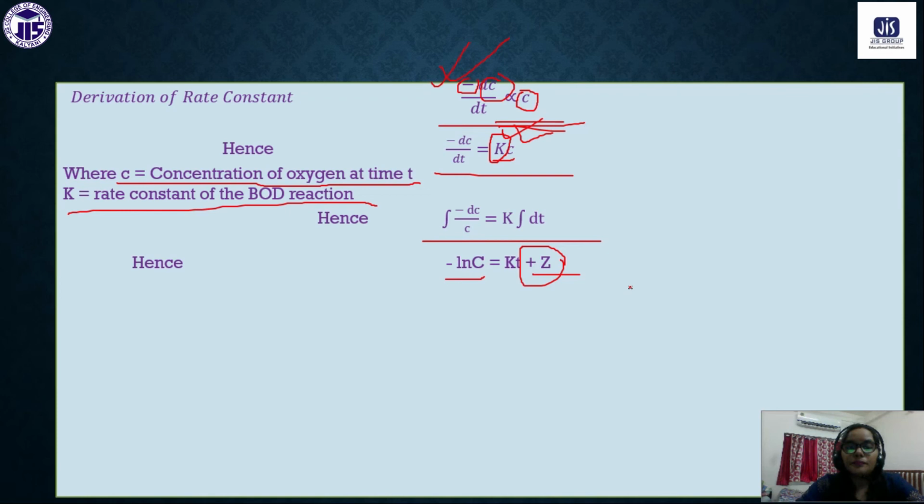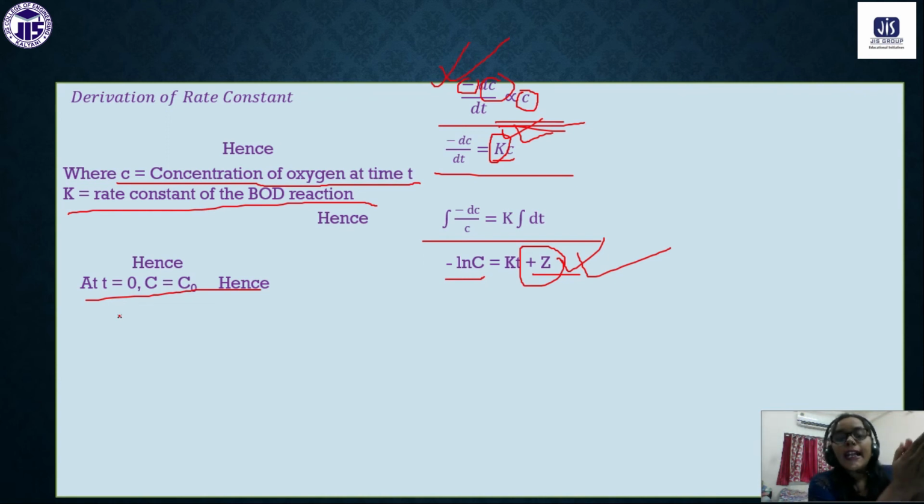So now we have to find out the value of z. How will we find it? We have to put in these conditions. What are the conditions? t equals 0, where t is the time. While t equals 0, that means at the initial time, the concentration of oxygen we can consider as C0.